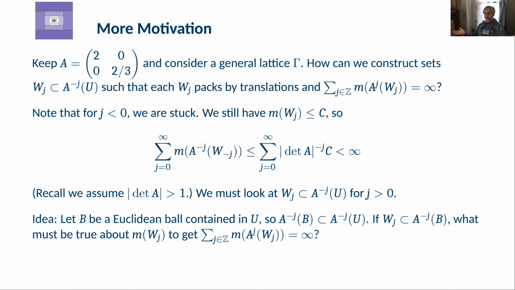What would have to be true in order for that to be big enough that the sum of the measures back in U would be infinite? So that was our idea. We just took the largest possible Wj inside each of these negative dilates of the Euclidean ball. So what has to be true?